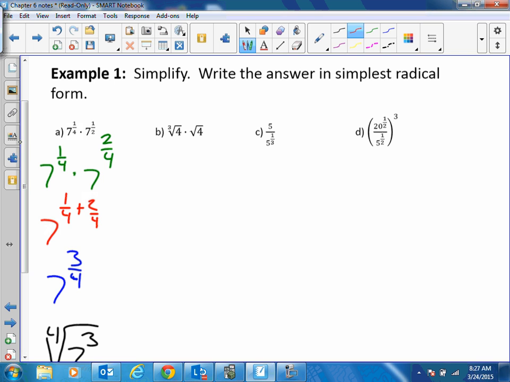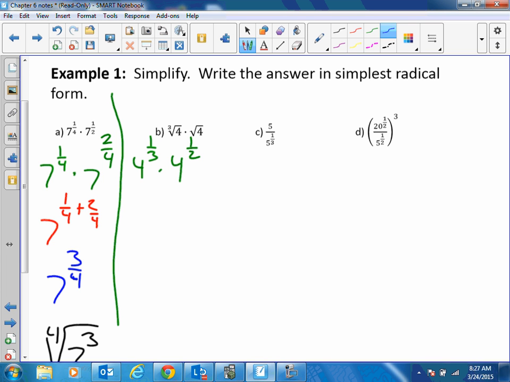Let's go to the next one. We've got the cube root of 4 and the square root of 4. For me, it's easier to just write it in rational form and then rewrite it. So I'm going to rewrite this in rational exponent form as 4 to the 1/3 times 4 to the, remember, there's no number right there, it's 2, so it'll be 1/2.